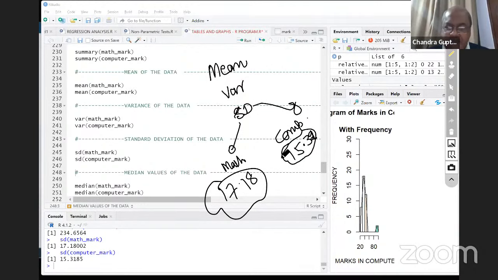Now the question is, I don't accept anything unless you give me the reason for it. Mahima, great. Mahima, why do you say more variation? When everyone is saying less, why did you say more?